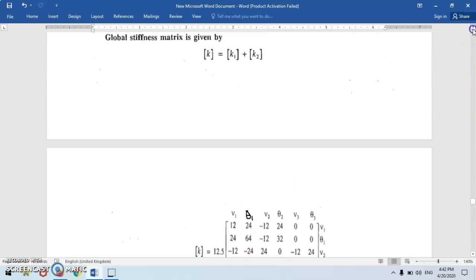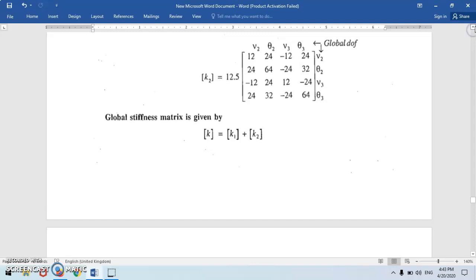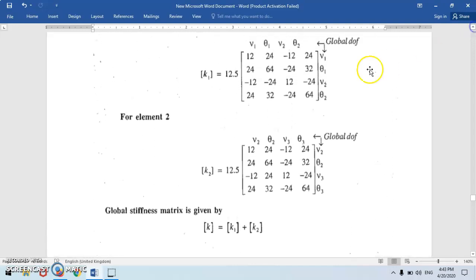Similarly, you need to add the two matrices like this only, where this has to be written first. Next go on checking one by one. So V2 cross V2 will be here, that is common, which we have added already, and theta 2 cross V2 will be minus 24. Similarly check here, theta 2 cross V2 will be this much. So 24 minus 24, again this will be 0.